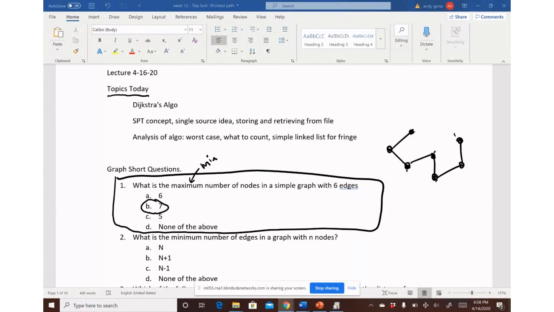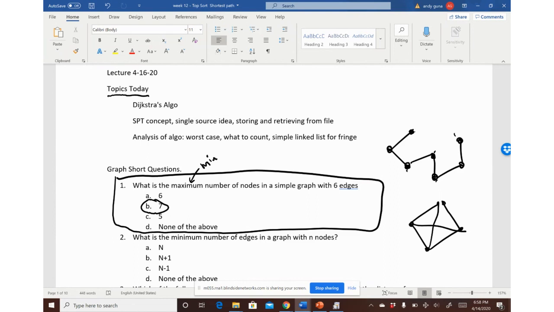I'm assuming this graph is connected. Someone said 4. Let's see whether we can do it with 4. 1, 2, 3, 4, 5, 6.